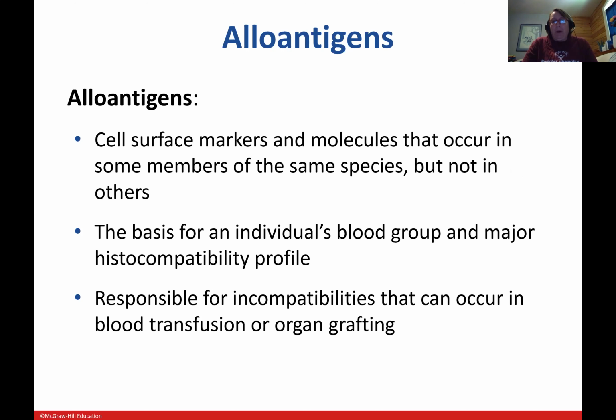This is also in part responsible for immunoincompatibilities that happen during organ grafts, something that would cause a person to recognize that tissue as not self. So whether it comes through a blood transfusion or an organ graft, it would raise an immunological response to that foreign tissue.